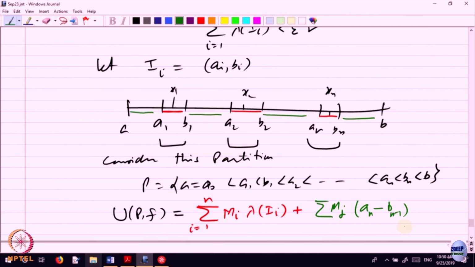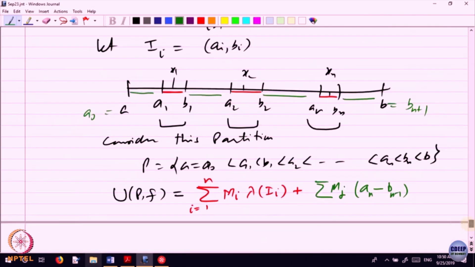Just the only way of writing. So, this we called a0 and this we called bn plus 1. Then what I am looking at is over j.